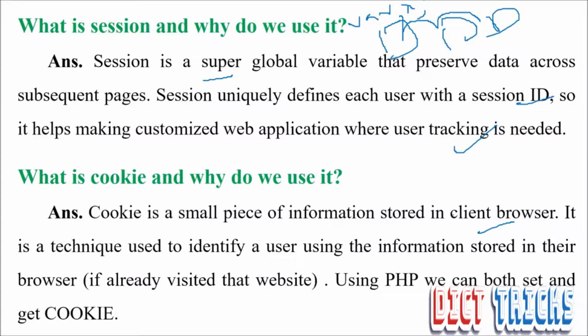So in the browser, for say session tracking, etc., you ought to have certain data that needs to be looked at by the browser to understand and to make a decision. Say if you want to identify a user using the information stored in their browser, say if you already visited that website, etc. That is why, and there are various reasons why cookies are so popular. And using PHP, you can do both things. You can get or set cookies.